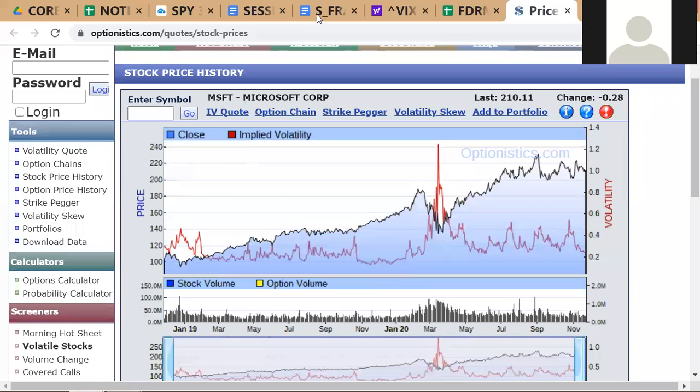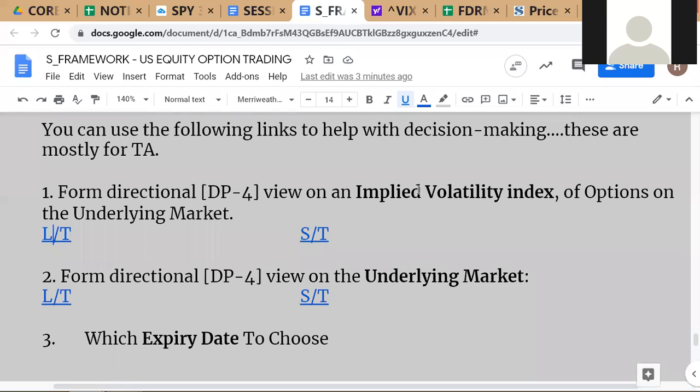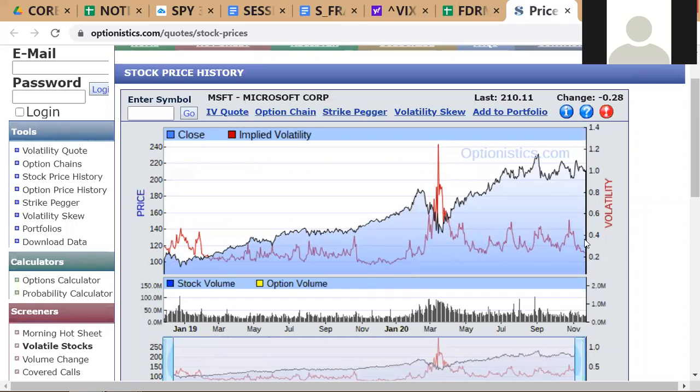So the reason I'm saying index here, okay, you might wonder why I'm talking about index here. The reason is these I-vol charts that you see are not the I-vol prices for one particular option. If you remember a few sessions ago, Siddharth was asking about whether or not we should track the I-vol, the prices of one particular option, the one that we are interested in.